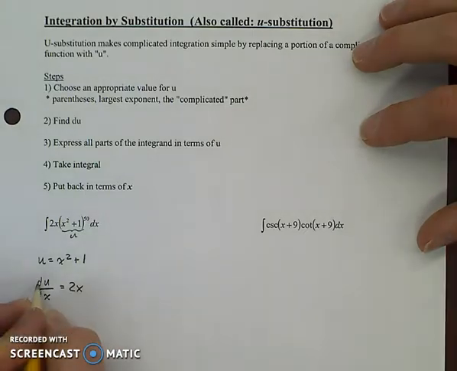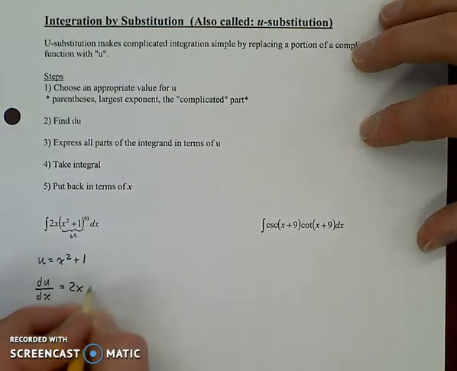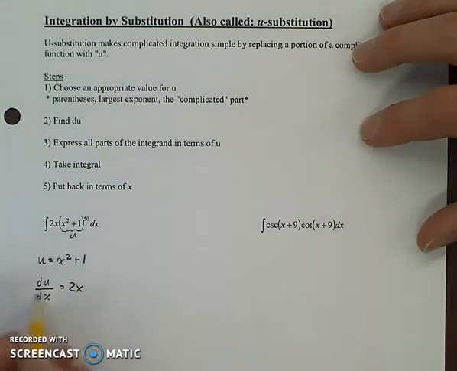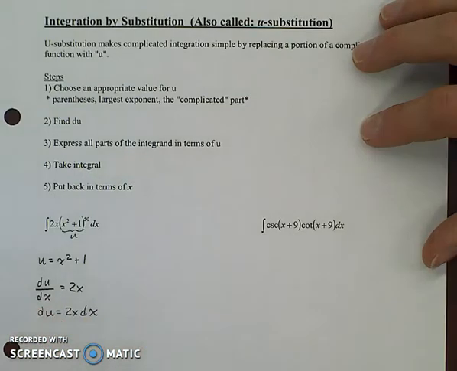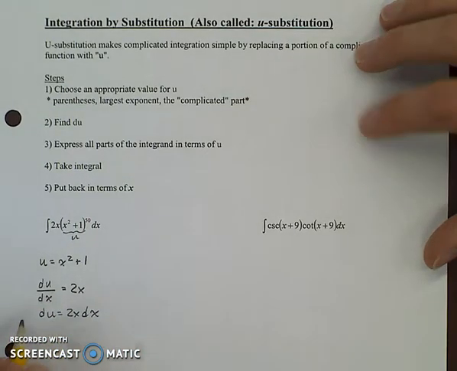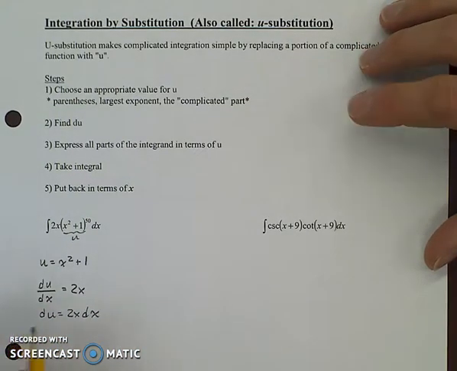Now, we took the derivative with respect to x, so we don't need anything at the end of this, but we don't want dx on the du side. So we're going to cross multiply and get it over. What you have now is that du equals 2x dx.